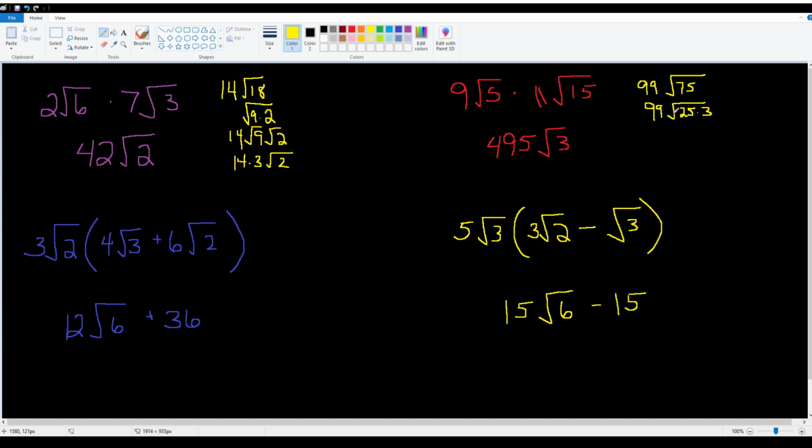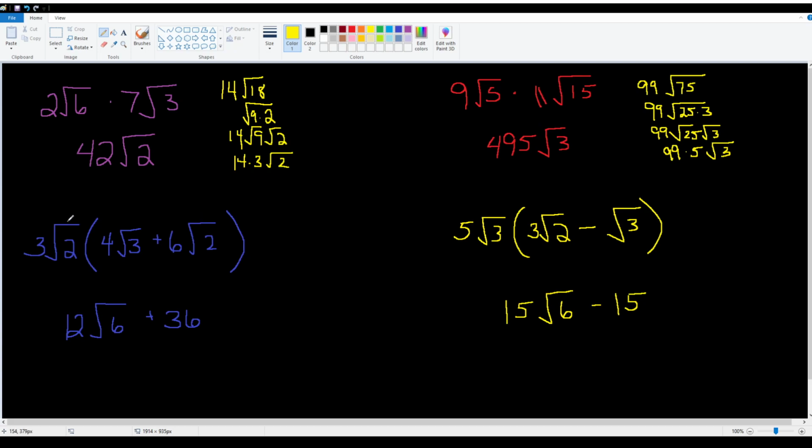So we have 99 times radical 25 times 3. This can be written as radical 25 times radical 3, which then the radical 25 is 5. And 99 times 5 gives us 495.